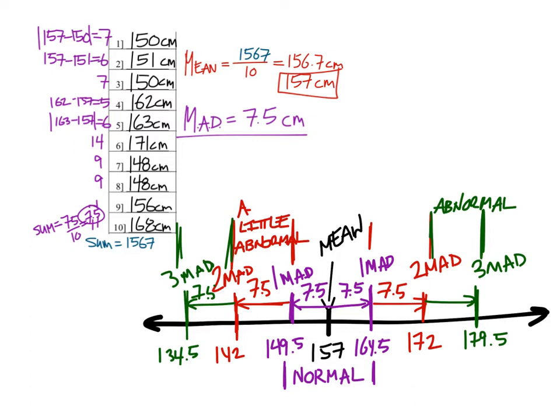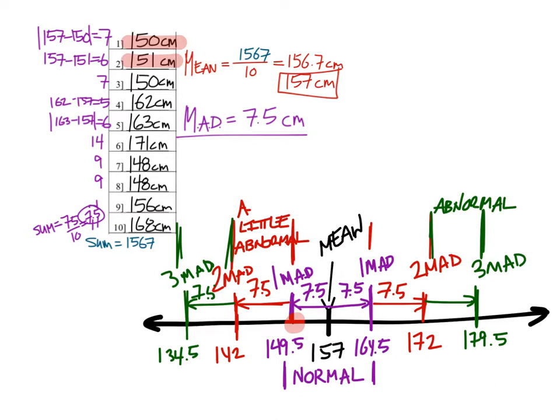So looking at the values that we do have up in here, let's start with 150. When we look at 150, would we consider that normal, a little abnormal, or just straight abnormal? Yeah, it's in the normal range, right? What about 151? Still in that range.